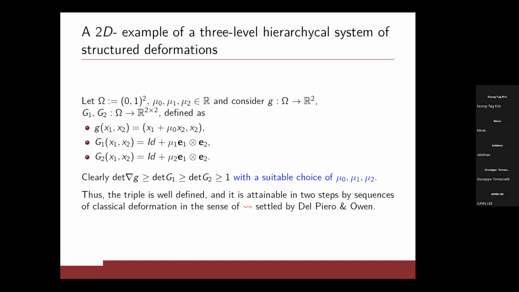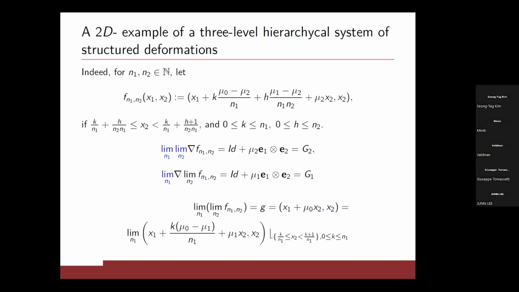So now the point is that you would like to see that this can be achieved by limits, in an appropriate sense, of deformations occurring at the micro level and the intermediate level.